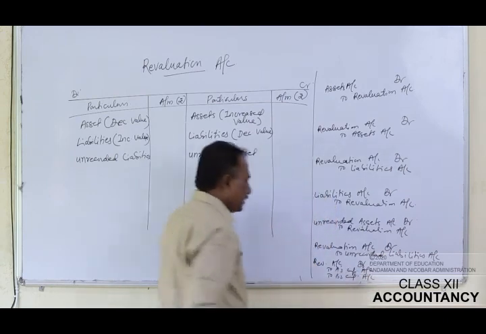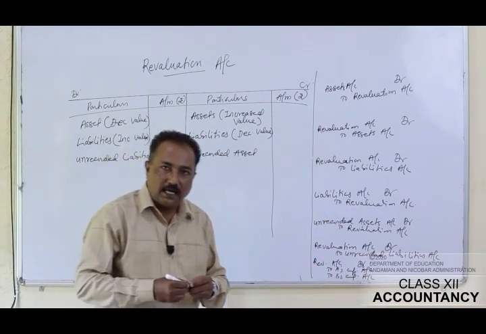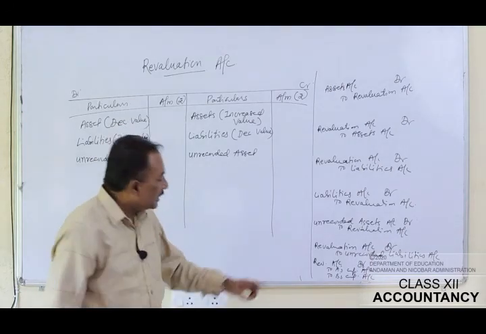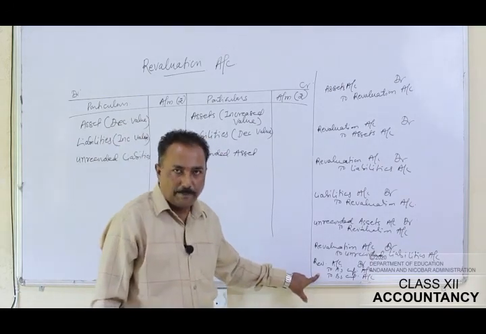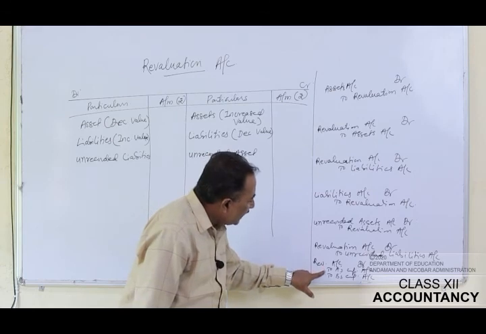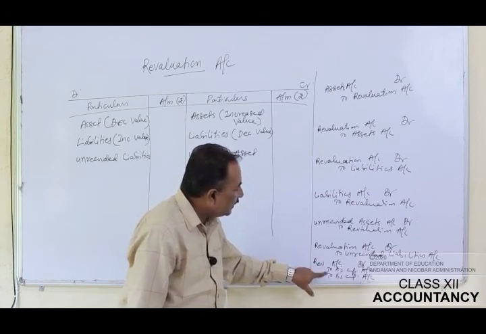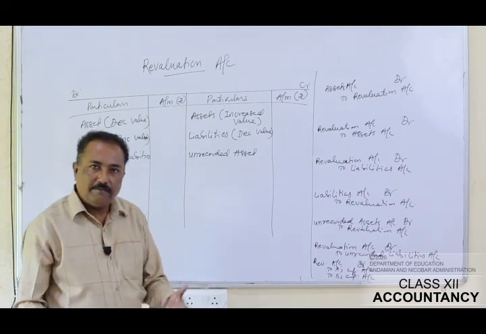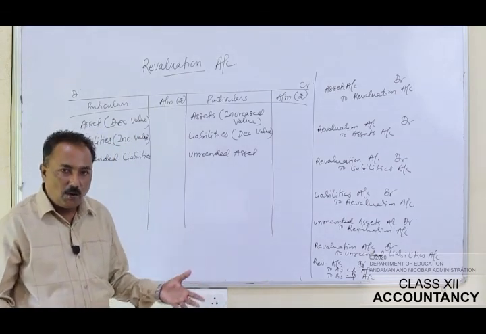If the business suffers a loss on revaluation, the reverse of this journal entry will be passed. So the journal entry will be A's capital account debit, B's capital account debit to revaluation account, if A and B were the old partners.